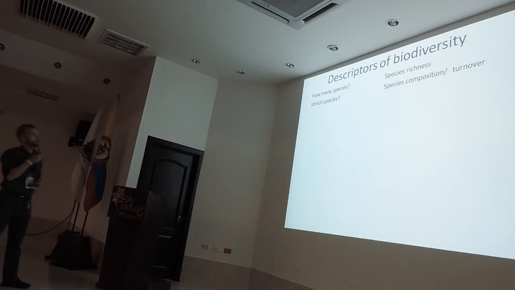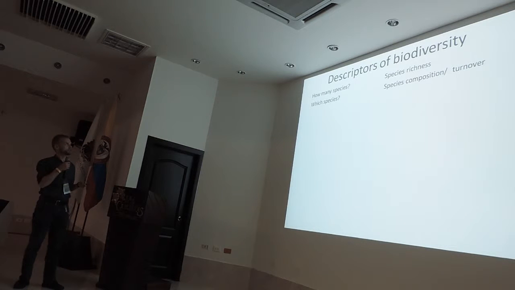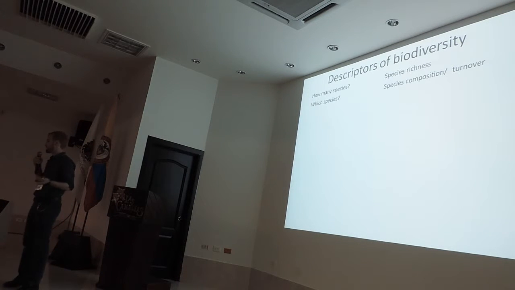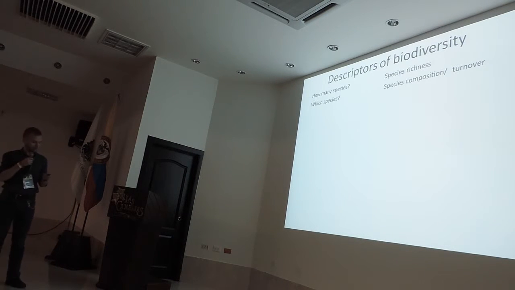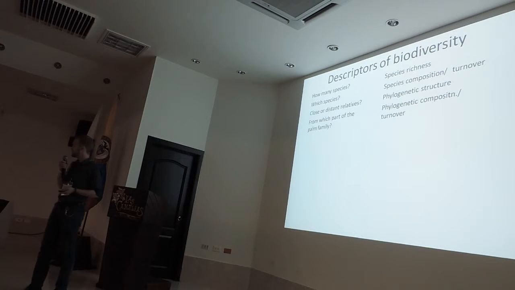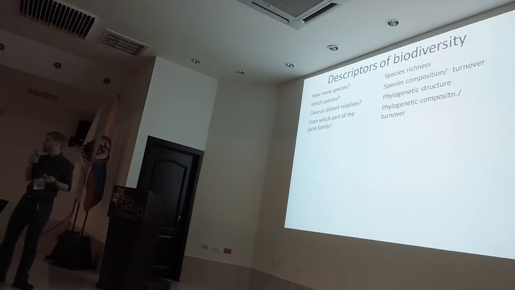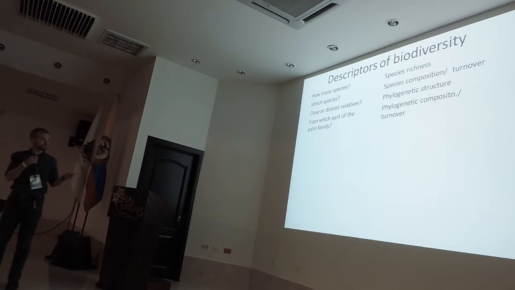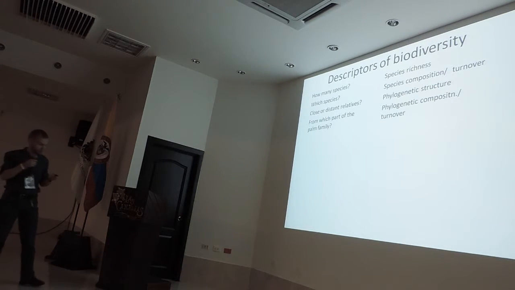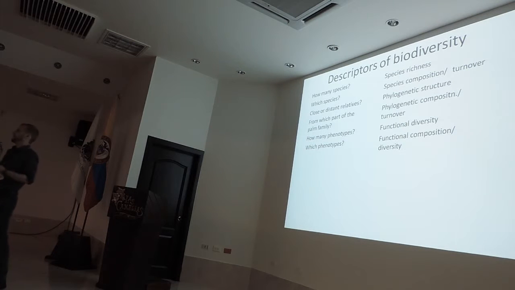And there are many of those, including the number of species in the community, species richness, the identity of the species in the different communities, but also whether the species that co-occur in a community are close or distant relatives, phylogenetically speaking, from which part of the palm phylogeny they come, phylogenetic composition of the community, and also how many phenotypes there are in the community.